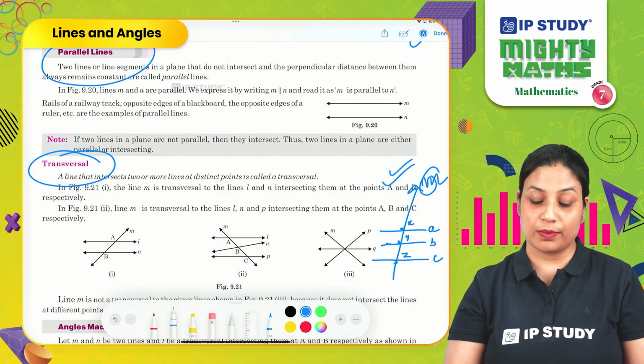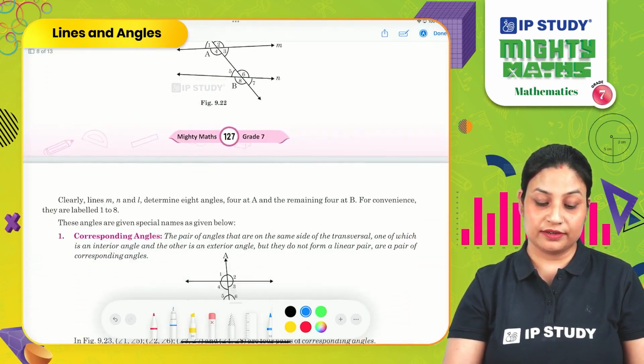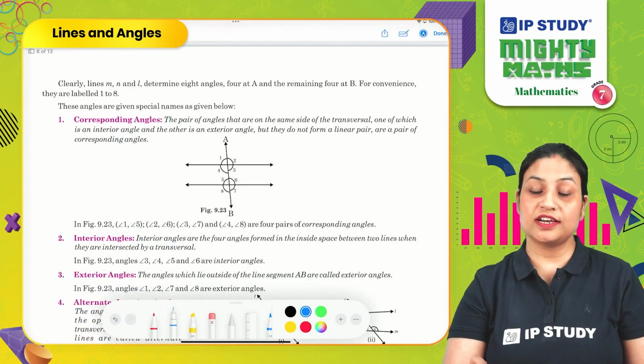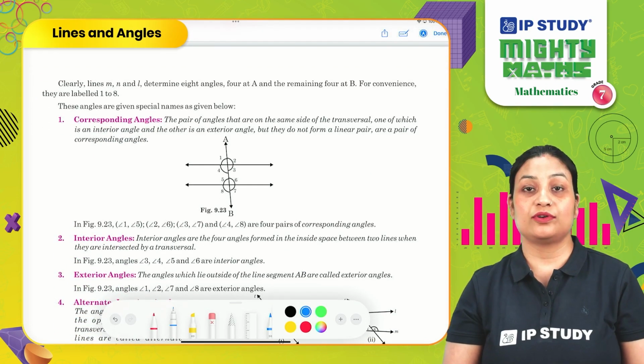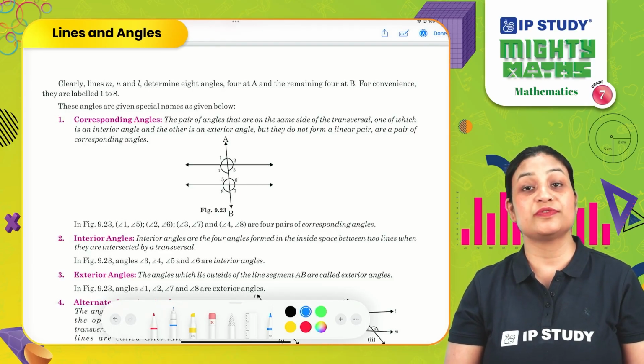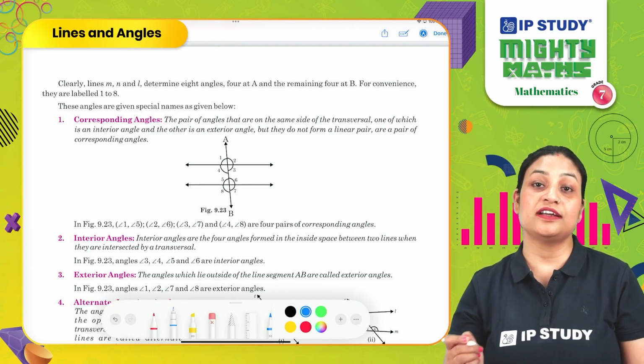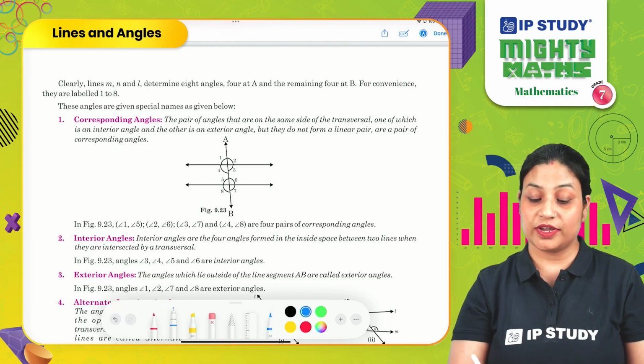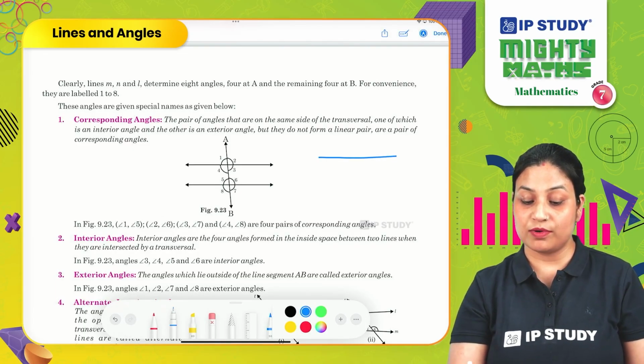So let's move forward. Dear students, whenever a transversal line cuts two or more parallel lines, different angles are formed, right? So let's explore what the different angles are whenever a transversal line cuts parallel lines. Suppose I have these two parallel lines.